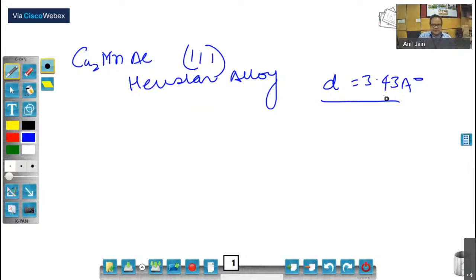So one can use this Heusler alloy crystal to produce the polarized neutron beam. Another material which can be used to produce polarized neutron beam is cobalt alloy, which is Co0.92Fe.